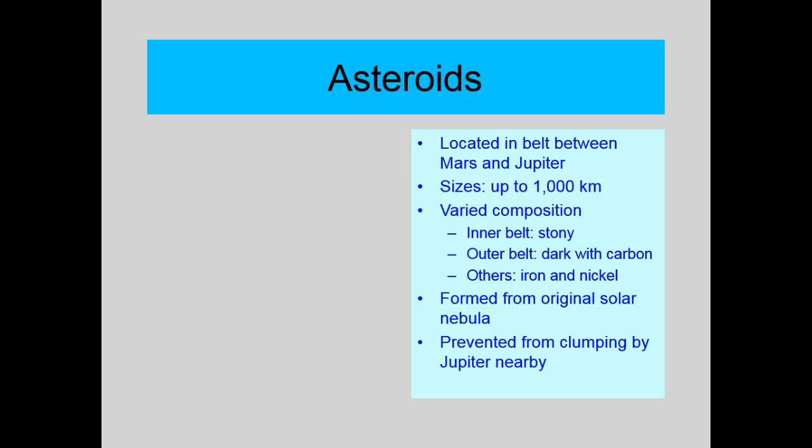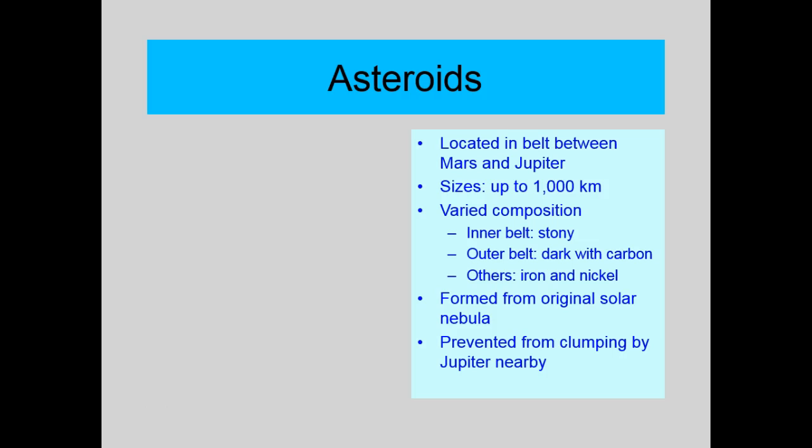Okay. But let's now move to asteroids. Where do asteroids live? Okay, they're a band in the belt, in that disk, between Mars and Jupiter. Mars is the last of the terrestrial planets, okay?